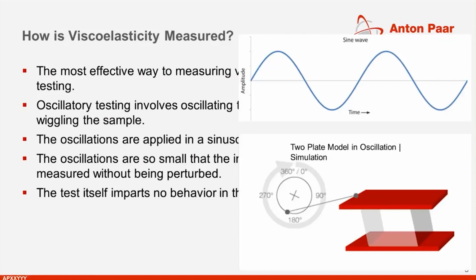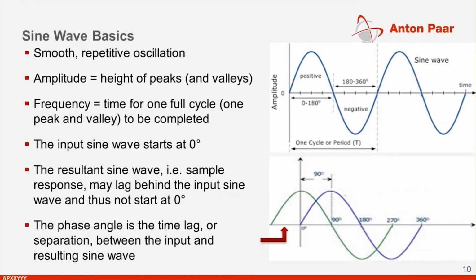So this is also again our two-blade model and our sinusoidal wave. What we are doing is the amplitude in this case is the height of the peaks, while the frequency is the time which the system needs to perform one full cycle from here to here.